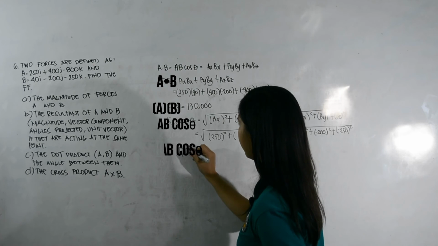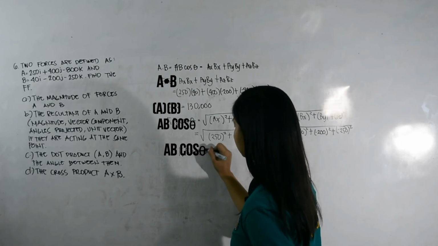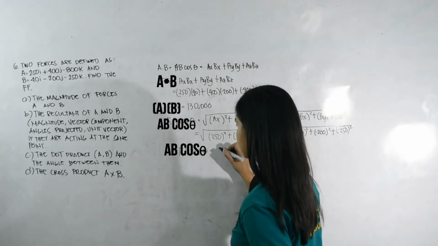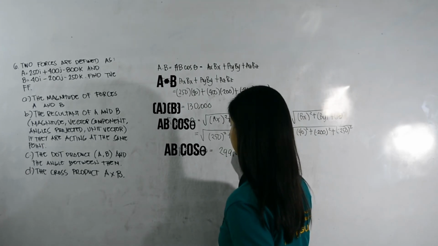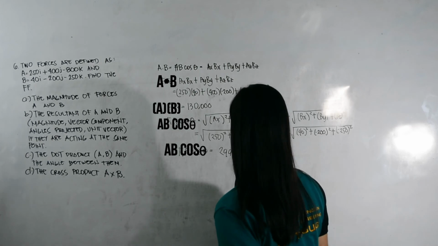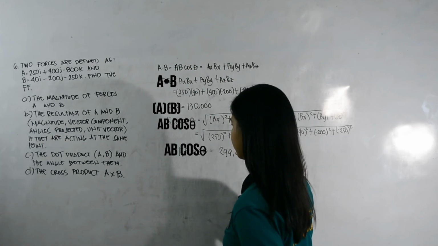And our AB cosine theta will be 299,643.5.